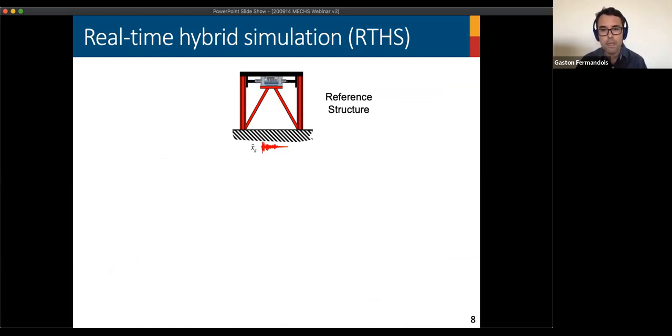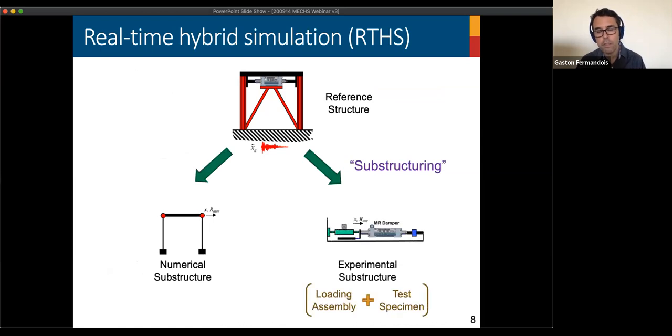What's the difference? In real-time hybrid simulation, the same as hybrid simulation, we have a reference structure that is partitioned in two subdomains, a numerical and an experimental. The experimental usually is a component that is of our interest, that we want to assess its performance because we identify it as a critical component.